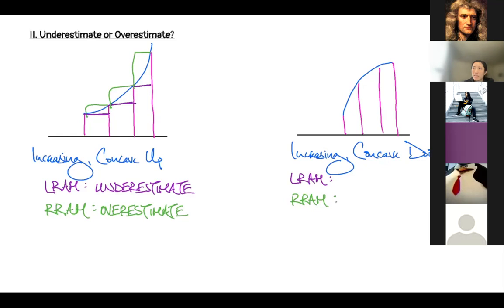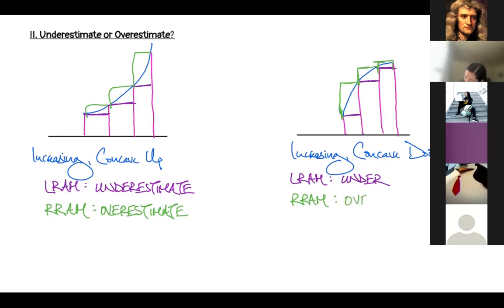All right, so I see same. I don't know, let's draw a couple pictures and see. So left, left, left. That sure looks like an underestimate to me. And the right ones, oh, yep, there's extra.